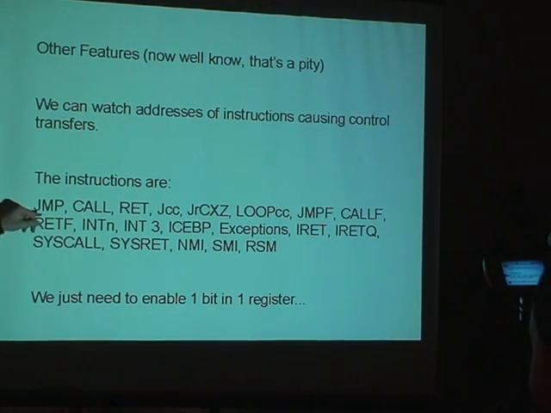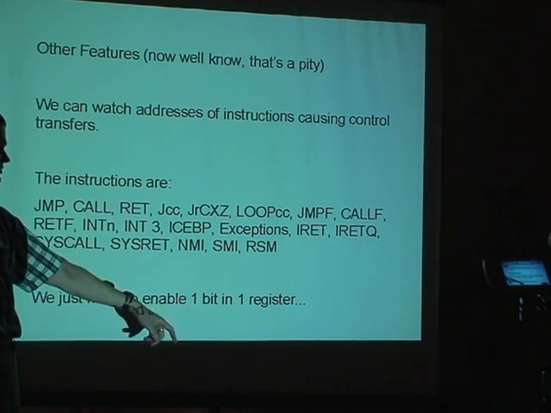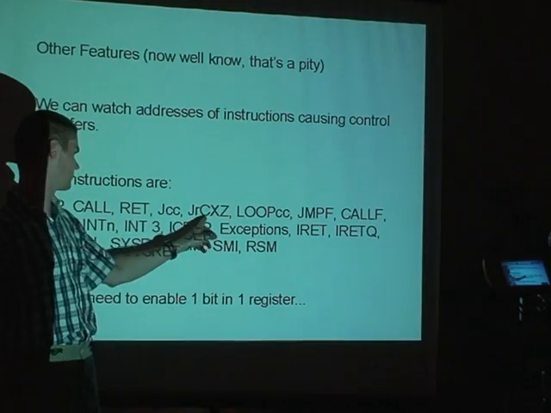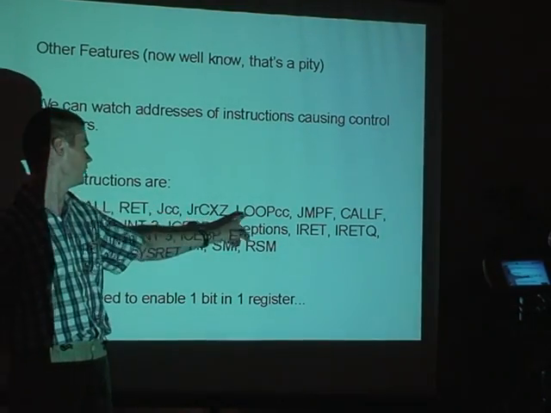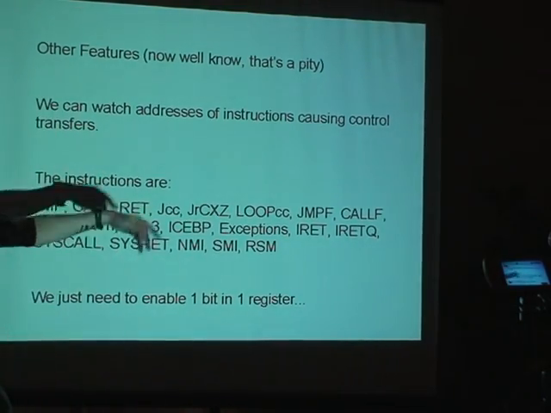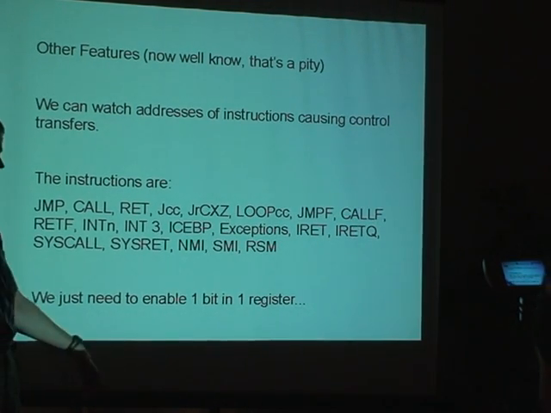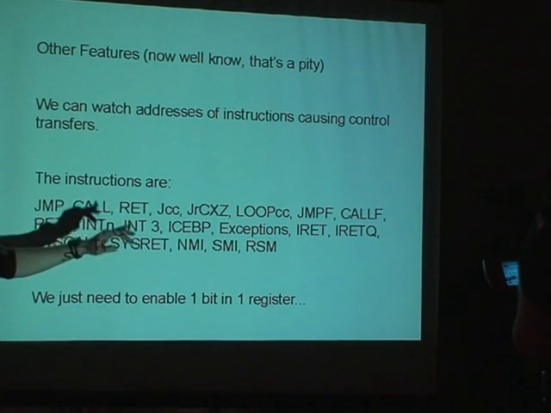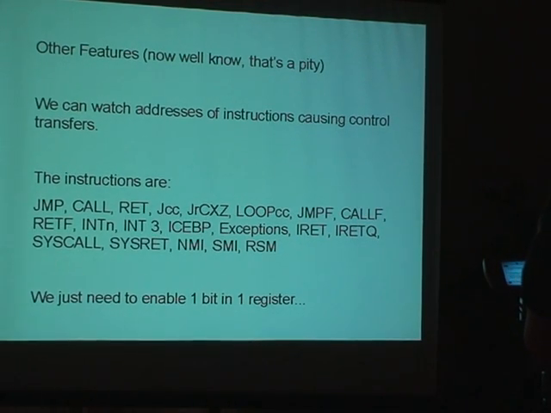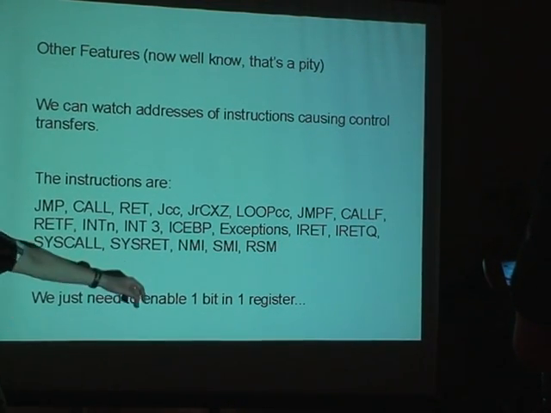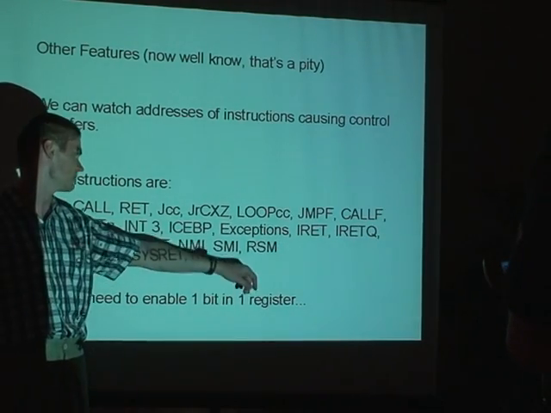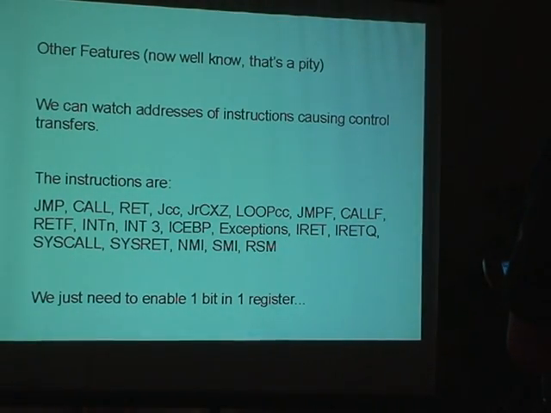And the CPU records these instructions: jumps, calls, returns, conditional jumps, jump if CX is 0, loops, far jumps, far calls, far returns, interrupts, exceptions, returns from interrupts, system calls, system returns, non-maskable interrupts, system management interrupts, resuming from system management.